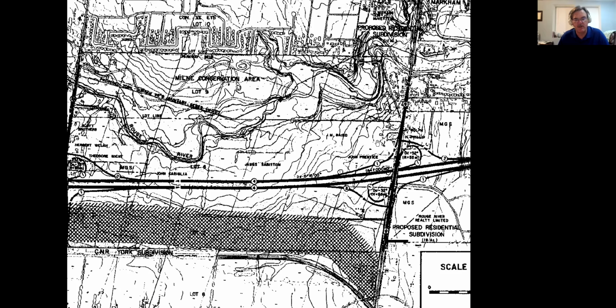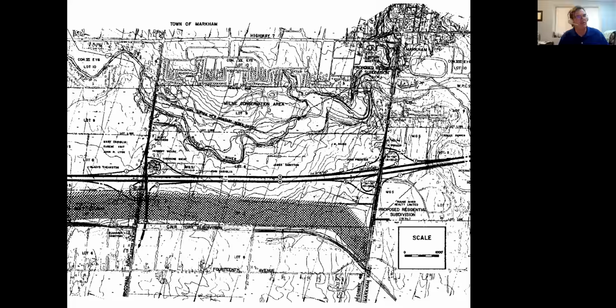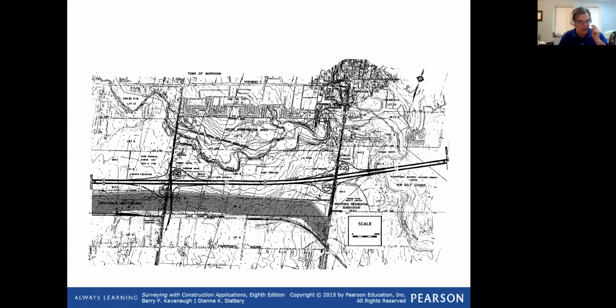And lo and behold, you start designing with the horizontal curves, the vertical curves, the superelevated curves. You start doing all these things for design purposes to get your roads to fit and transition from one spot to another. So your book shows something on page 412, figure 14.1.